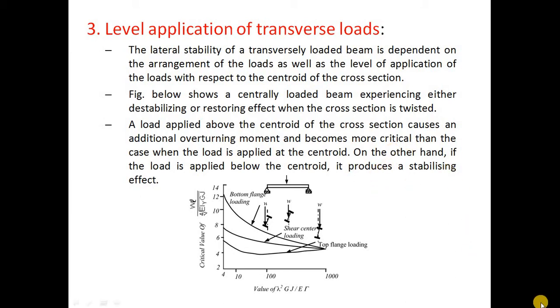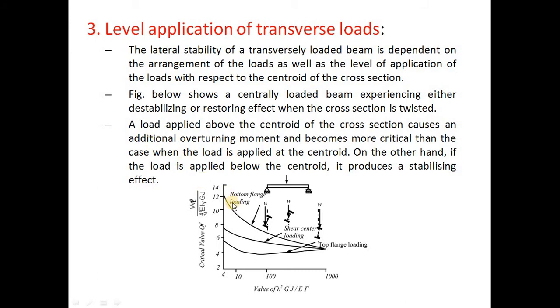Now here you can see in this diagram, if you take an I section which is symmetrical about both the axes, we know that the CG lies exactly at the center of the I section. Now the figure shows a centrally loaded beam experiencing either destabilizing or restoring effect when the cross section is twisted.